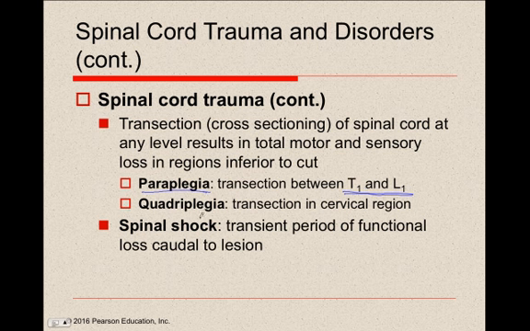But again, that causes paraplegia, so more of that loss of motor and sensory information from the waist down. Quadriplegia, we call it quad because you're going to be losing sensory and motor of all limbs. So that would be your upper limbs and your lower limbs, and this is going to be a transection somewhere in the cervical region.